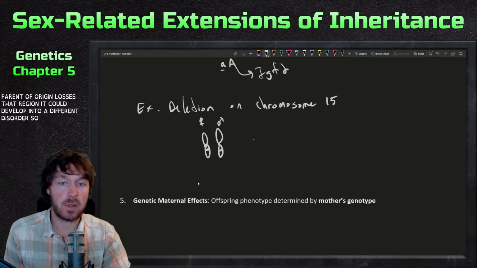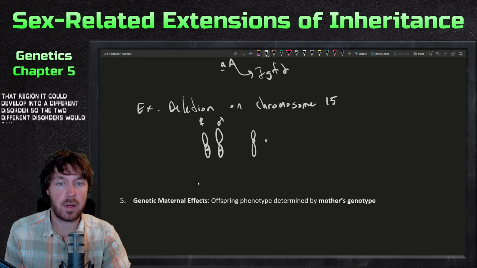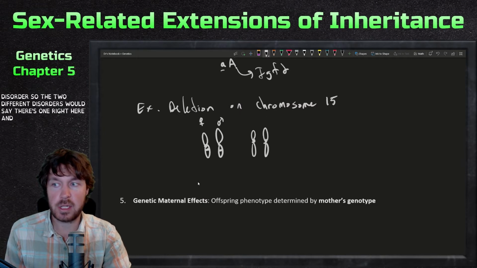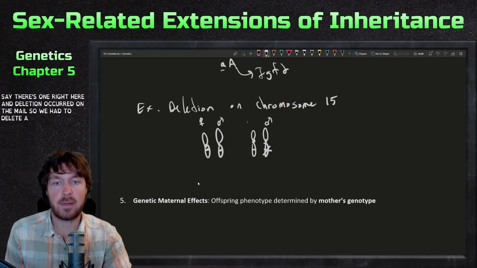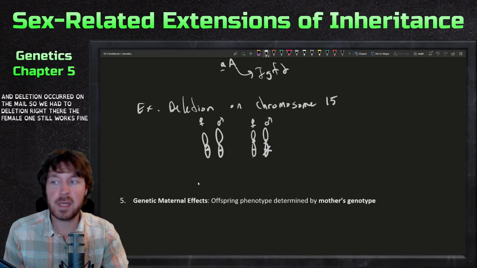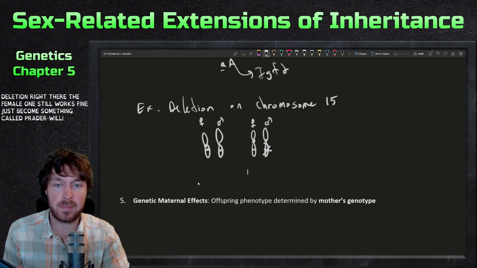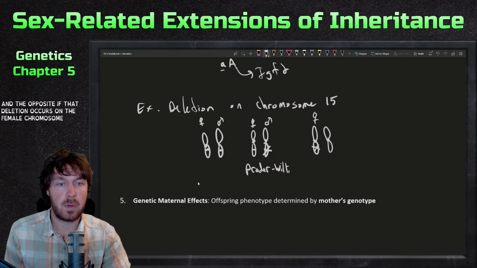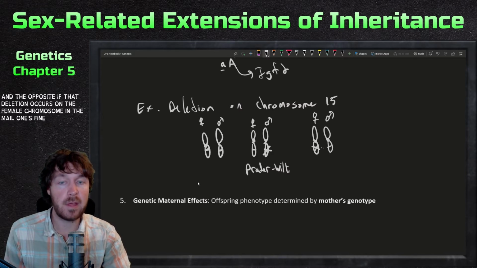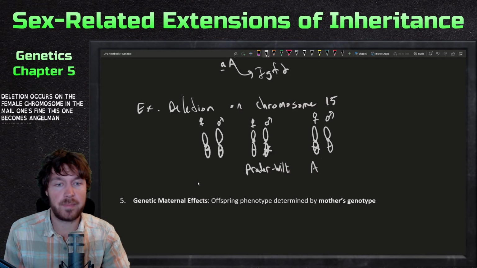So the two different disorders, let's say there's one right here, and the deletion occurred on the male. So we had the deletion right there. The female one still works fine. This becomes something called Prader-Willi syndrome. And the opposite, if that deletion occurs on the female chromosome, and the male one's fine, this one becomes Angelman syndrome.